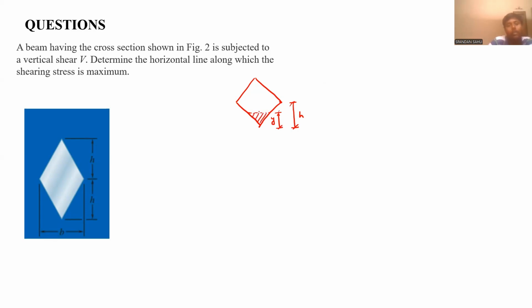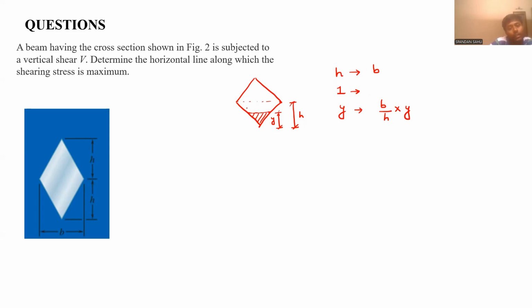Now, from similarity of triangles, you can find the width of this line at a height y. You can see for a depth of h, your width of the portion is b. So for h meter height, your width is b. So for 1 meter, your width will be b by h. And for y meter, your width will be b by h into y.